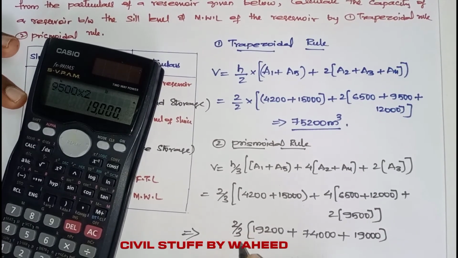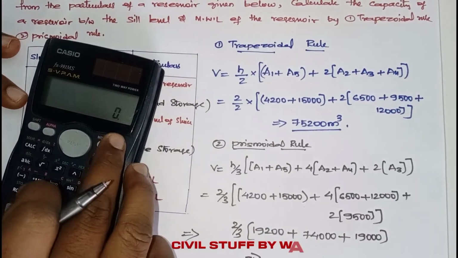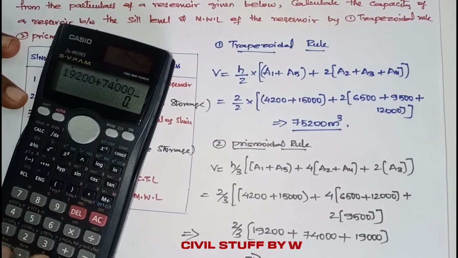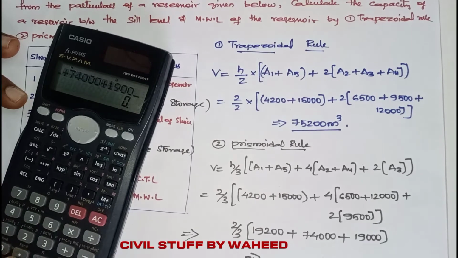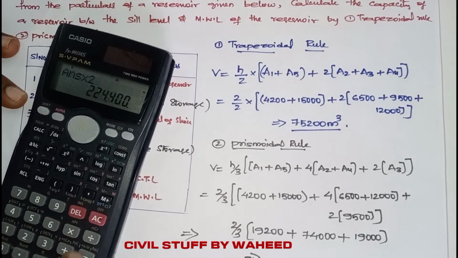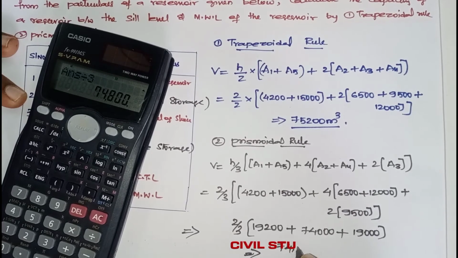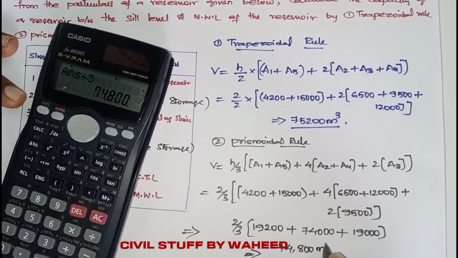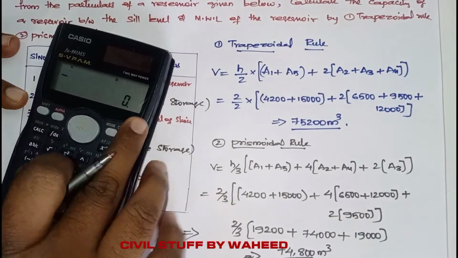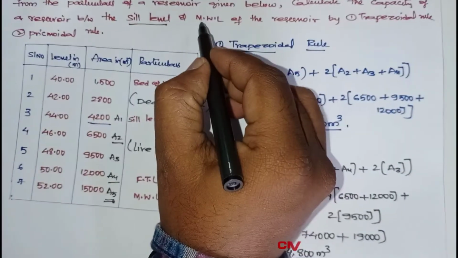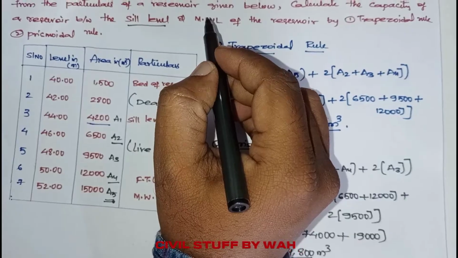Altogether multiply by 2 by 3, so the capacity is 74,800 cubic meters, between sill level and maximum water level.